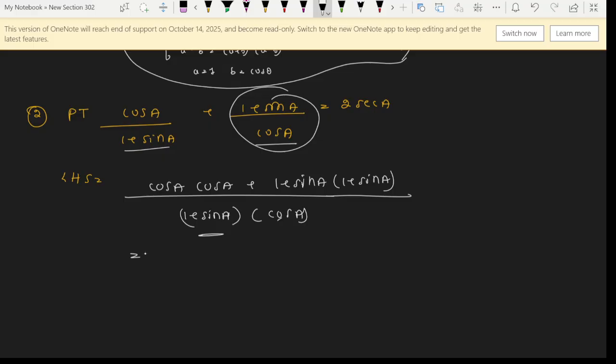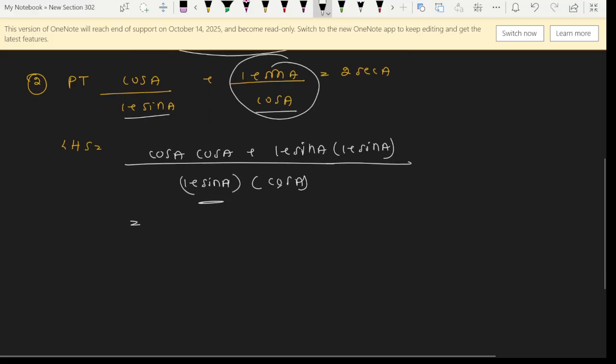If you are getting confused, simply take one simple expression like 2 by 3 plus 4 by 7, take LCM and solve it, and easily you can understand what exactly I am doing. It's all about addition of fractions by taking LCM.